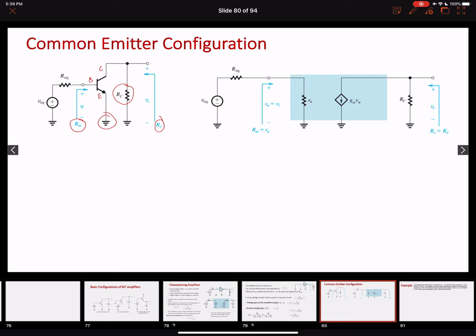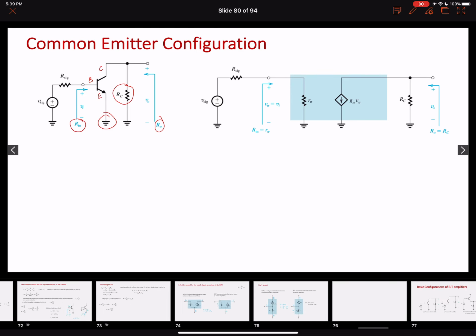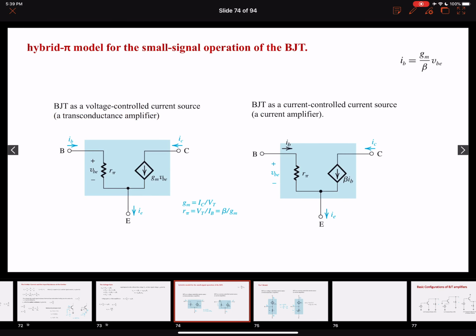All right. Now, if you remember the two models that we have discussed earlier, let me show you those two models again. One model was the hybrid pi model, in which our emitter was common, and this was our base and our collector, and we were representing the base and emitter by this resistance R pi, and then we have a current source here.